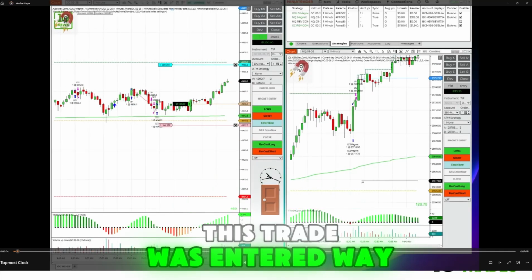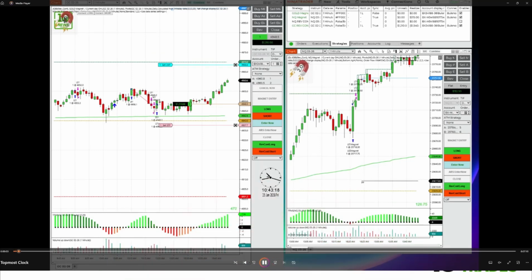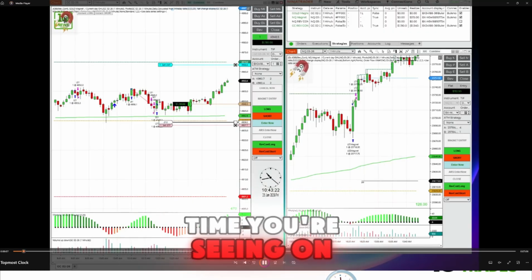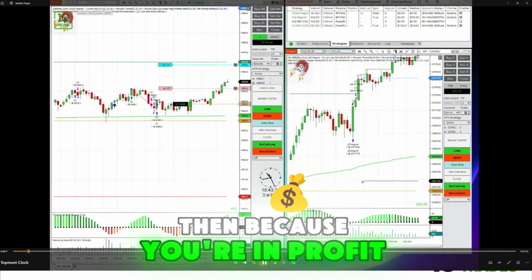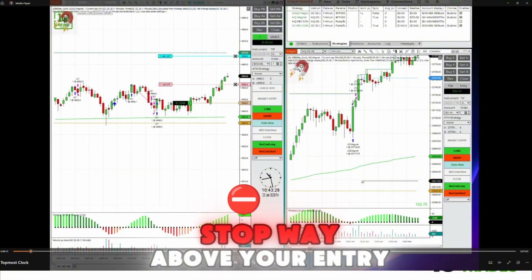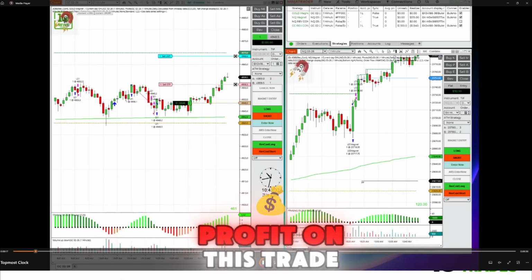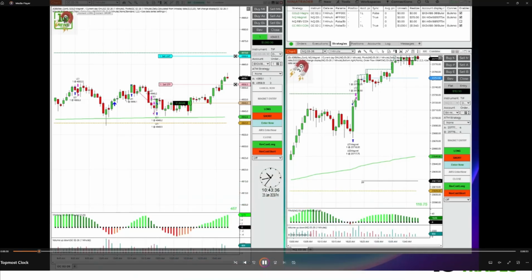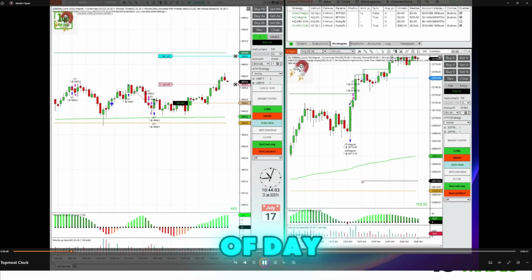This trade was entered way back here about 20 minutes before the time you're seeing on this chart. Then, because you're in profit, you can move your stop way above your entry. I was way in profit on this trade. I was trading it in one of my prop accounts. My ultimate goal, I was looking for the high of day.